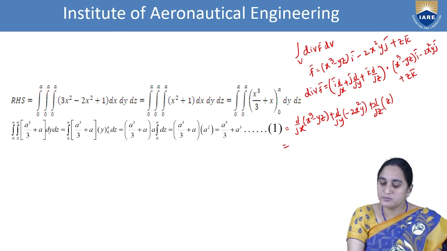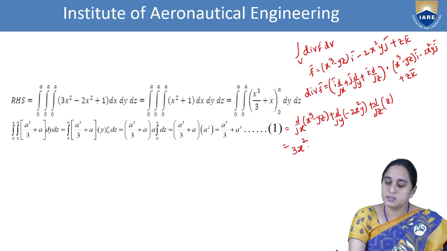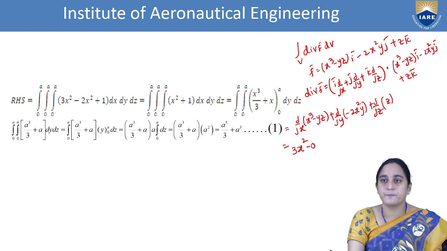Now differentiate the first part with respect to x. Dou by dou x of x cube minus yz means what here? With respect to x, the differentiation of x cube is 3x square, minus what about the yz with respect to x? 0. Plus dou by dou y of minus 2x square y.